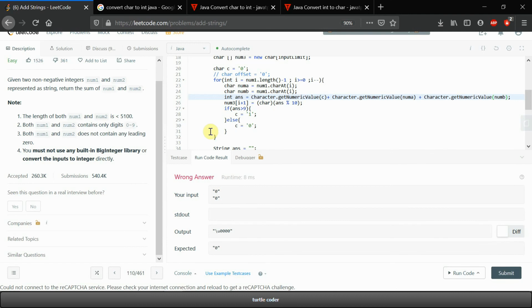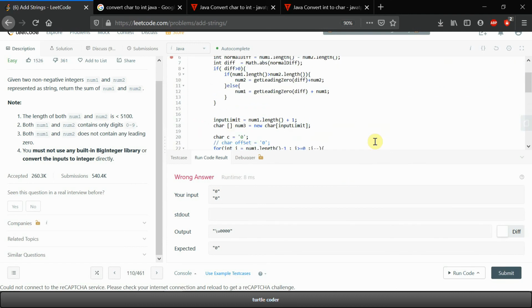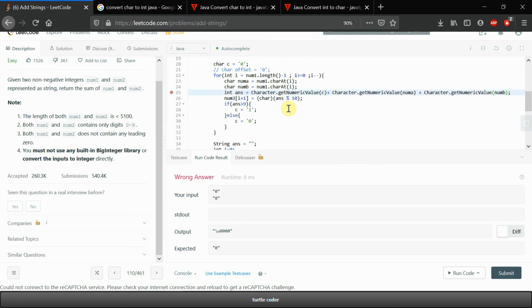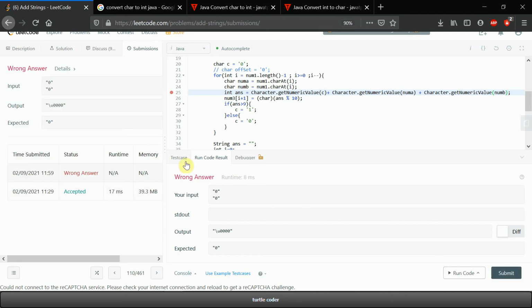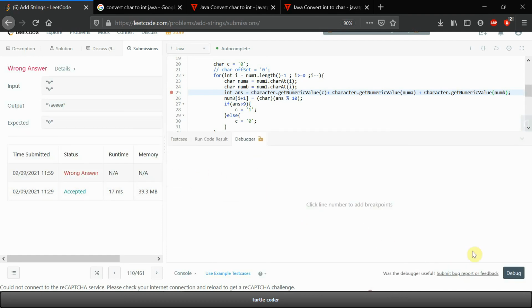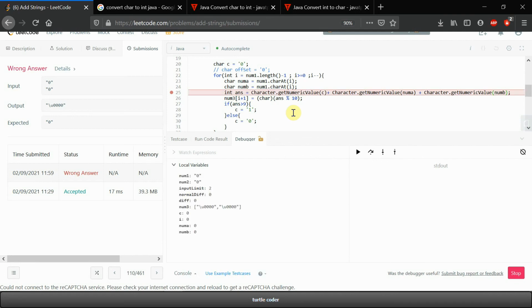Expected is 0. Okay. Straight away, let's debug from here. Oh, no, not submit. Aha, my bad. I shouldn't have done that. Debug. The answer is 0 and nums3.